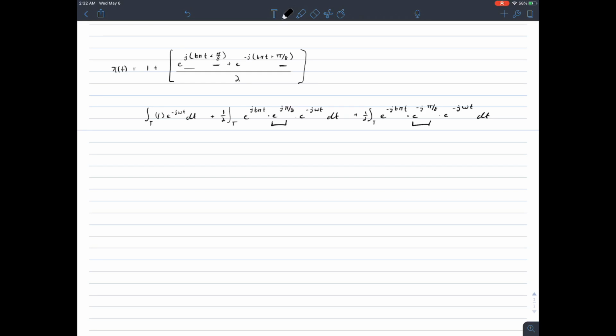So what you need to do is move it out. e to the j pi over 8 divided by 2, integral over your domain of e to the j 6 pi t times e to the negative j omega t dt, plus e to the negative j pi over 8 over 2, integral over your domain of e to the negative j 6 pi t times e to the negative j omega t dt, and then this lonely one over here, the integral of 1 times e to the negative j omega t dt.